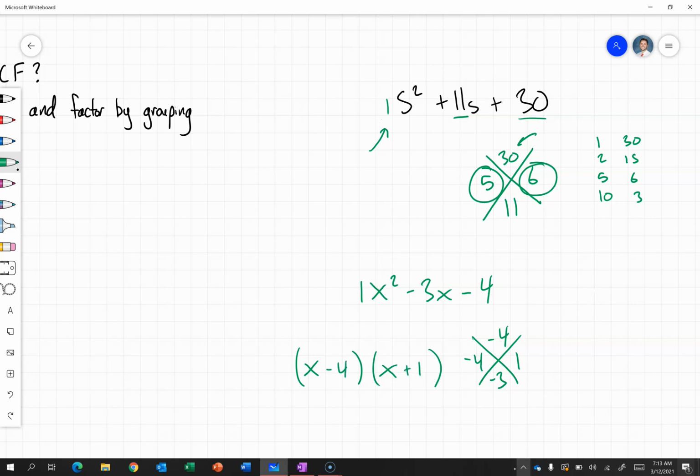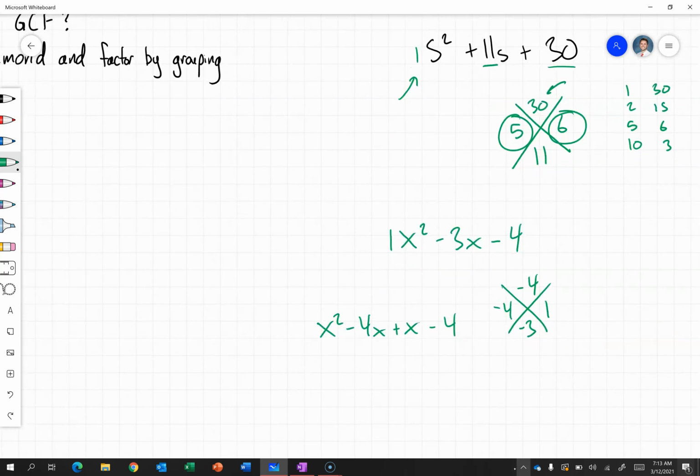Okay, but again, it's okay to not just jump straight to this step. You can do all of your grouping and you'll still get the same thing. So if you wrote this out as x squared minus 4x plus x minus 4, you can then factor and get the same result.